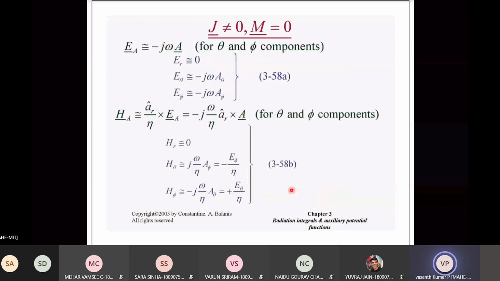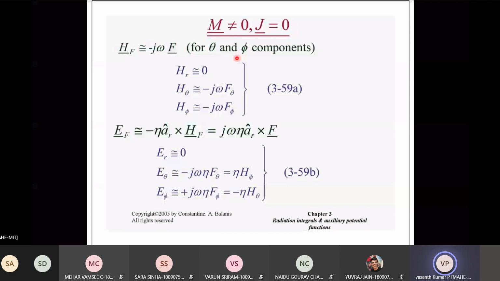Okay. I will pass this on to you. The derivation of this is not given, but on similar lines you can proceed and arrive at this equation. Here also, for magnetic current not equal to 0 and electric current equal to 0, HR is nearly equal to 0, ER is nearly equal to 0.